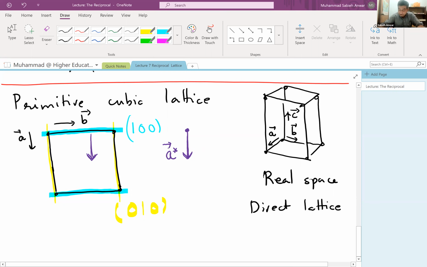And just by luck, the vector A star is also parallel to A, but that's because we're dealing with a cubic system. But the vector A star specifies the plane 1, 0, 0. So I can write A star is perpendicular to the 1, 0, 0 plane.